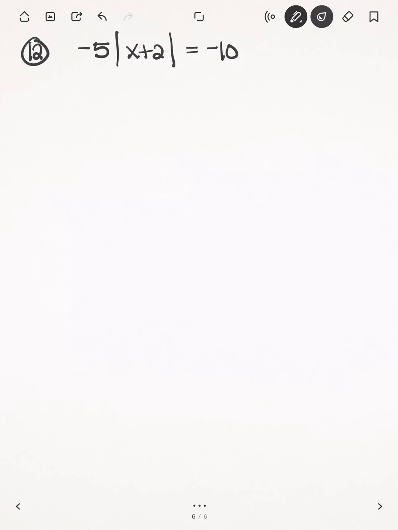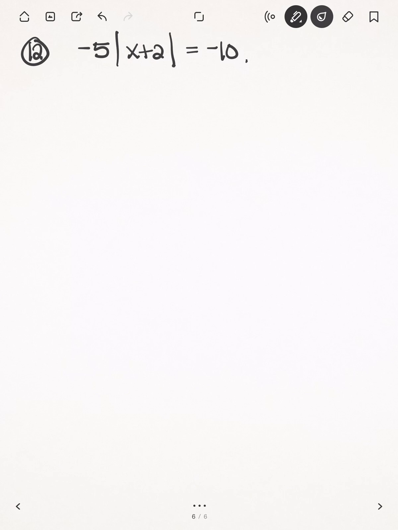Okay, now a lot of times when people see this problem, they see the negative 10 over here and they say, oh, this is no solution because I have a negative on the outside. But you don't ask yourself that question about this number until the absolute value is by itself.